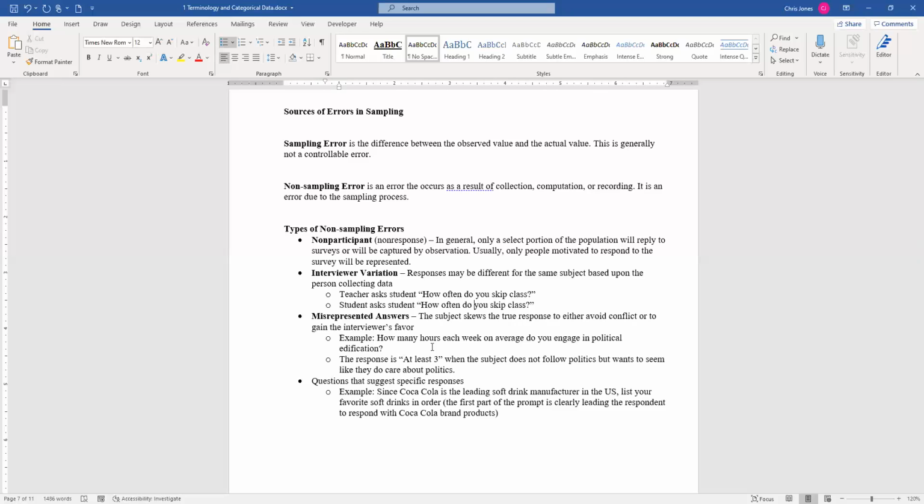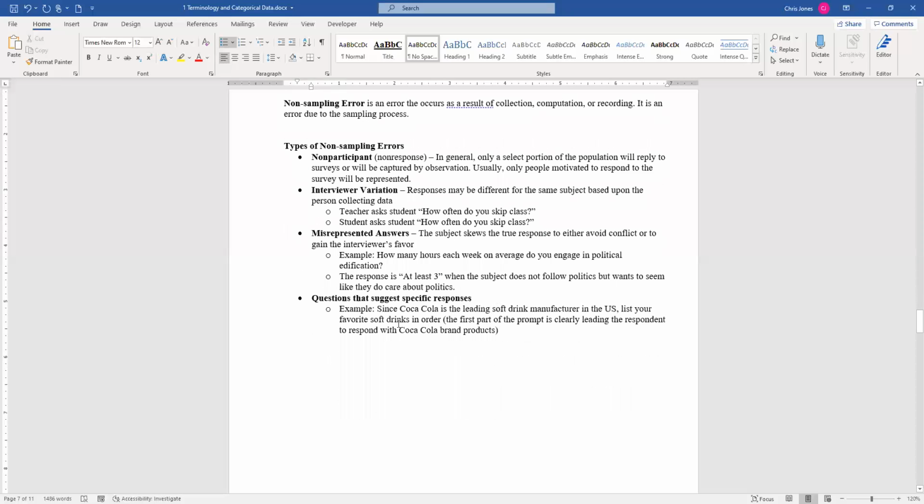Another type of result of errors could occur when the question might actually suggest a specific response. So in other words, you're trying to get a specific response, so you word a question in that context. So for example, maybe somebody goes out and they ask the question, and they preface it with, since Coca-Cola is the leading soft drink manufacturer in the United States, list your favorite soft drinks in order.